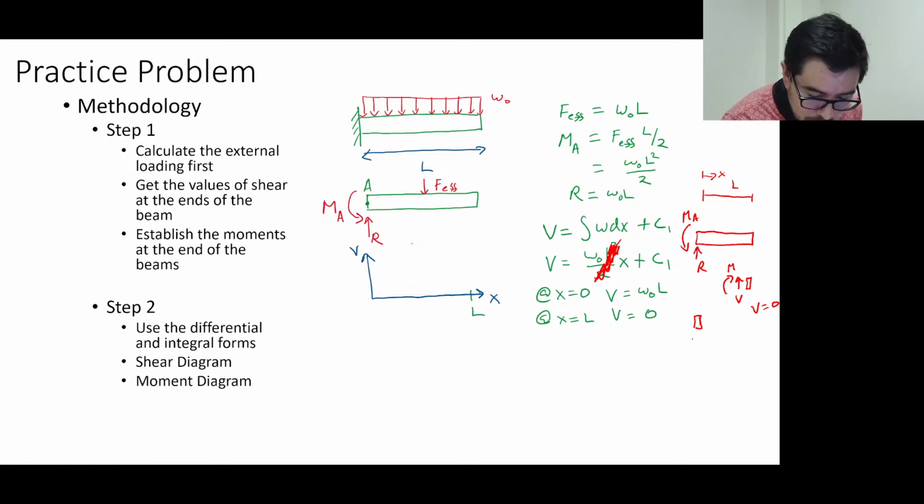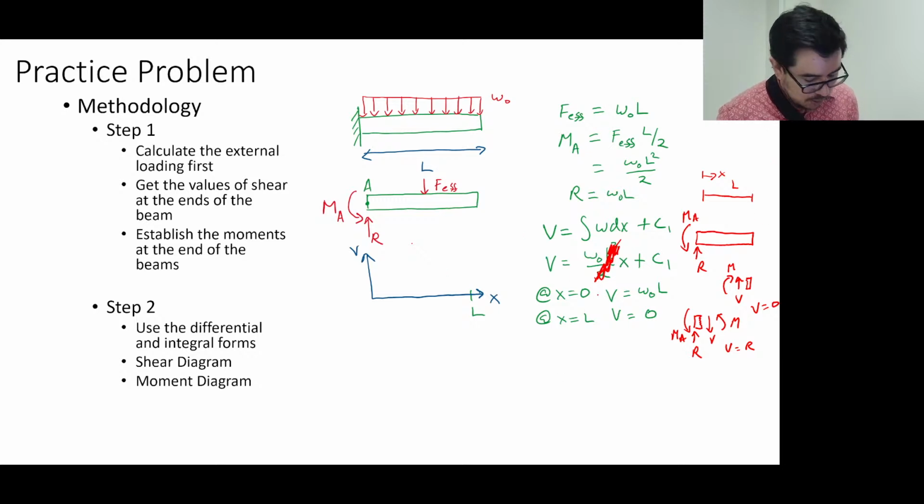Here I have R and I have MA, and I follow my convention, which is down for V, up or counterclockwise for M. Here V has to be equal to R, which we calculated previously as W naught L. So V is equal to W naught L. And what is M equal to?